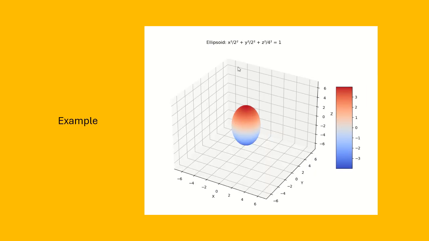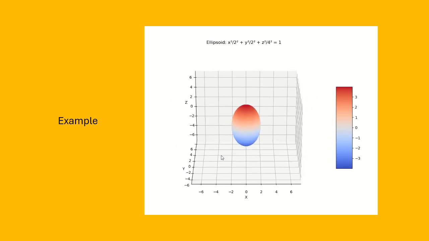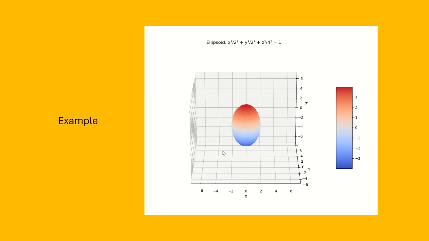Here we have the ellipsoid x squared over 2 squared plus y squared over 2 squared plus z squared over 4 squared equals 1. So basically in the x direction, which is along this axis, if we move this over, we can see, approximately at least, that this ellipsoid is somewhere between x equals -2 and x equals 2.